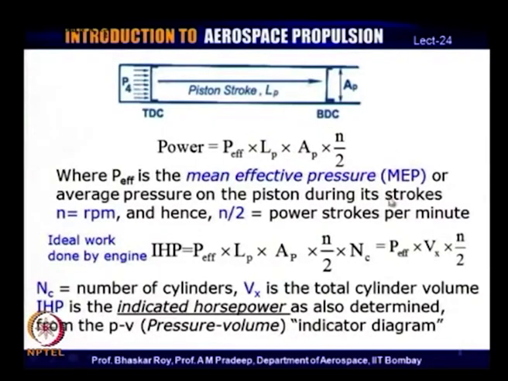Now, the question here is, let us go back to this pressure, which I have written here as mean effective pressure or MEP. This mean effective pressure is the average pressure which is operative on the piston during its piston stroke, and the pressure is actually changing from TDC to BDC as the piston is moving.